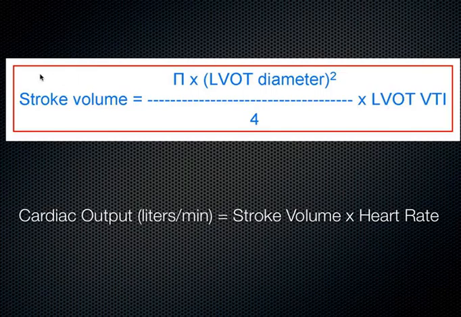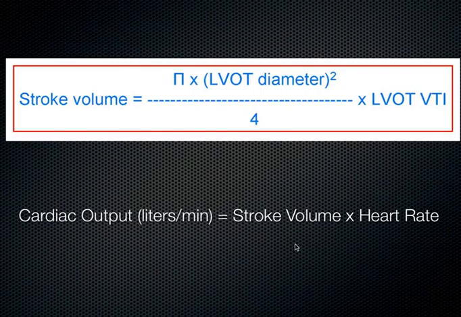And what that gives you is stroke volume. And the whole time the machine is watching the heartbeat, and so it knows the heart rate. And so it does this whole thing automatically and calculates for you cardiac output, which is this term, stroke volume, times the heart rate.